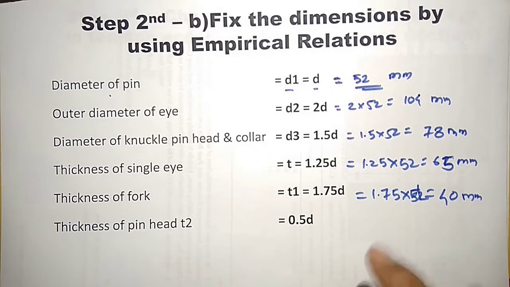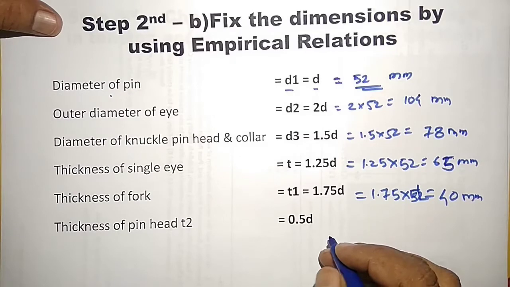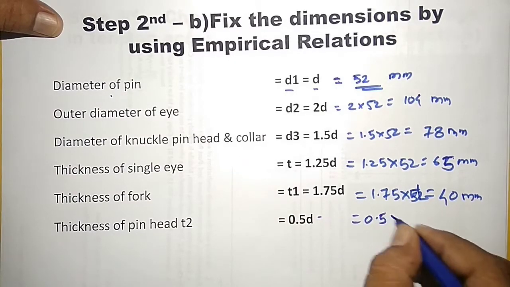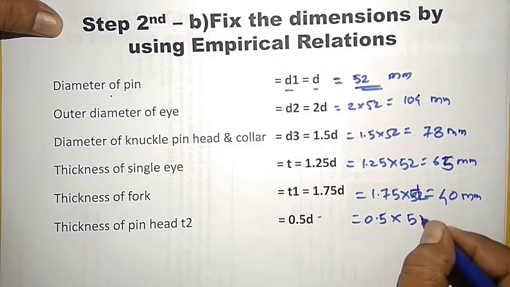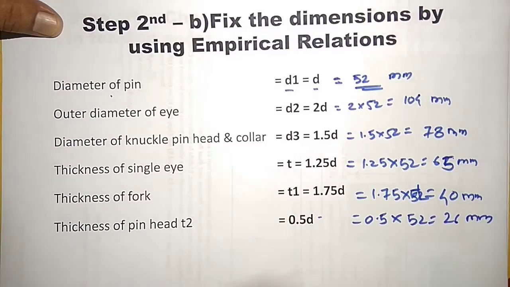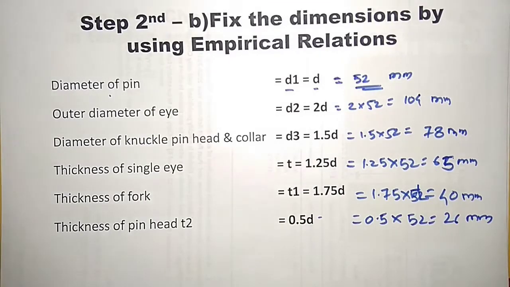And thickness of knuckle pin head, t2 equal to 0.5 into d, which will be 26 mm. These are the parameters we are fixing using empirical relations.